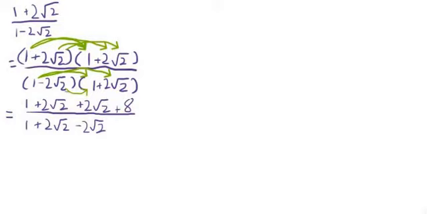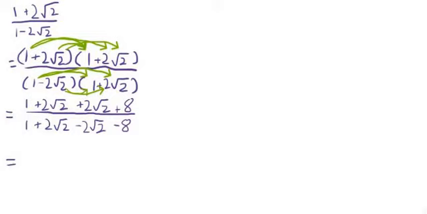Then we have minus 2 root 2 times 2 root 2, which will give you minus 8. So we have plus 2 root 2 and minus 2 root 2 here, and they will cancel out because positive and negative numbers cancel out.